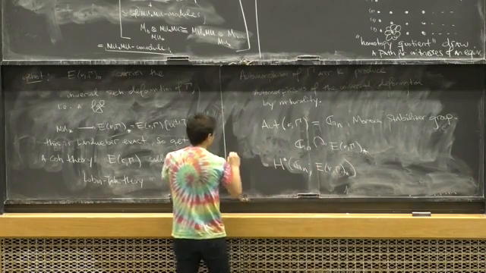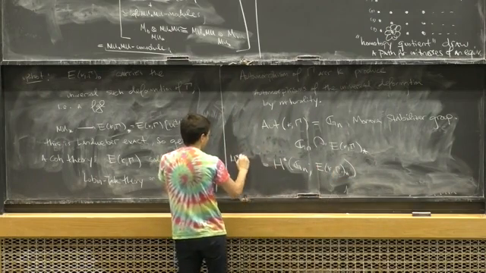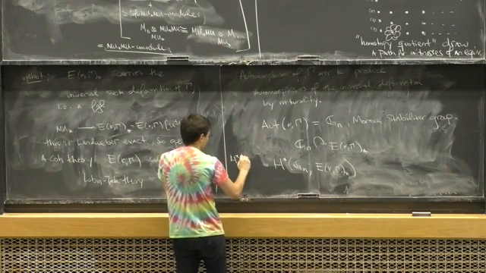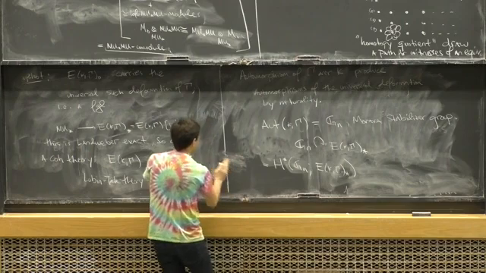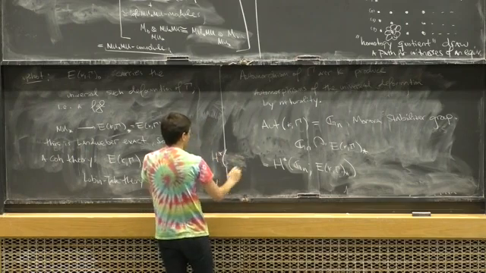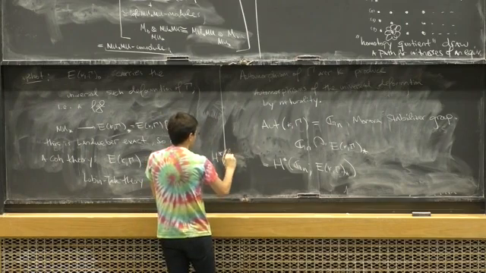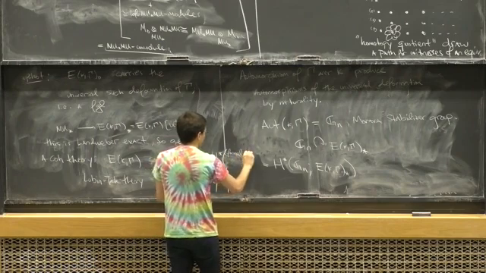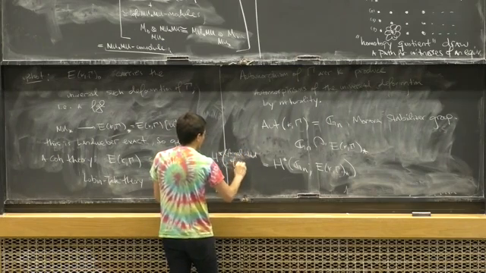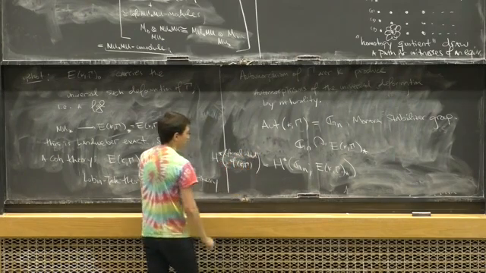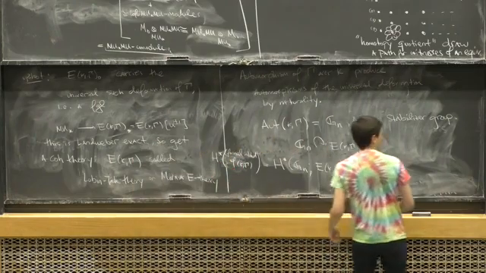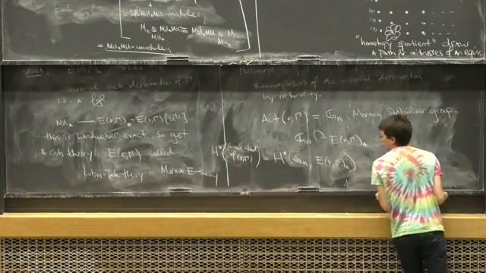So this is the cohomology of the formal neighborhood of K, gamma in MFG. And so let me draw a diagram and then I'll stop.